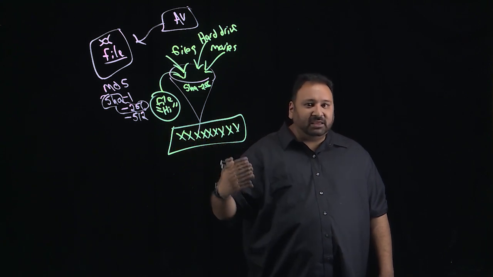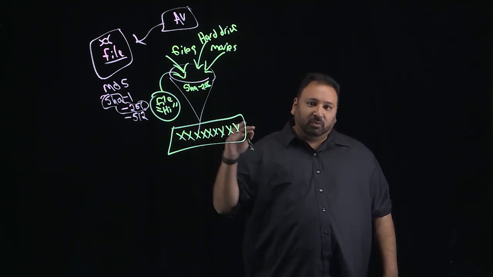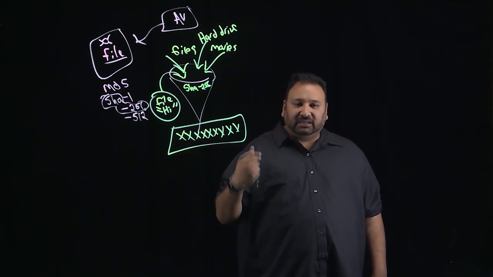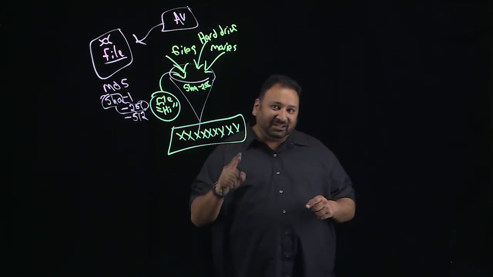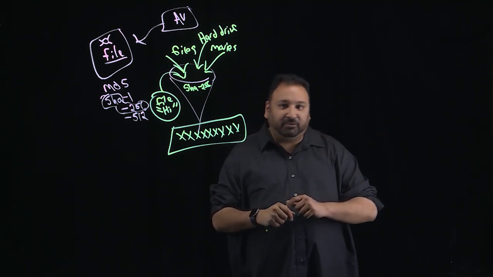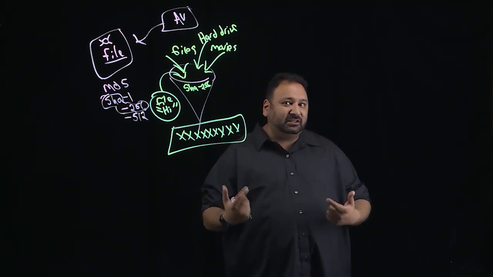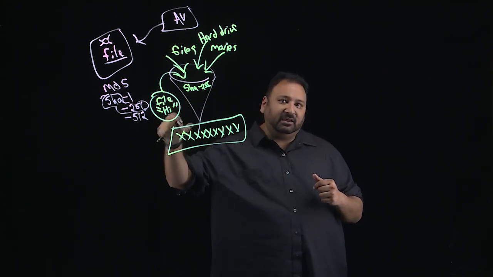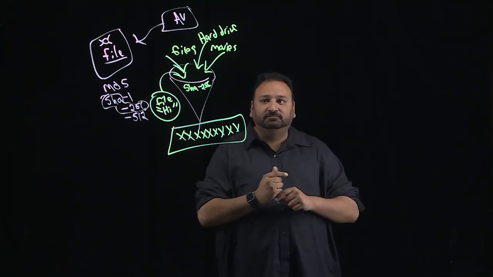If I make it, if you make it, if someone across the world makes it, we're always going to get the same fingerprint back because the data is exactly the same. It's just like if I take my fingerprint in California, in Texas, and in Singapore, my fingerprint is always going to be the same because it belongs to me. This fingerprint belongs to the data of a text file that says hi.